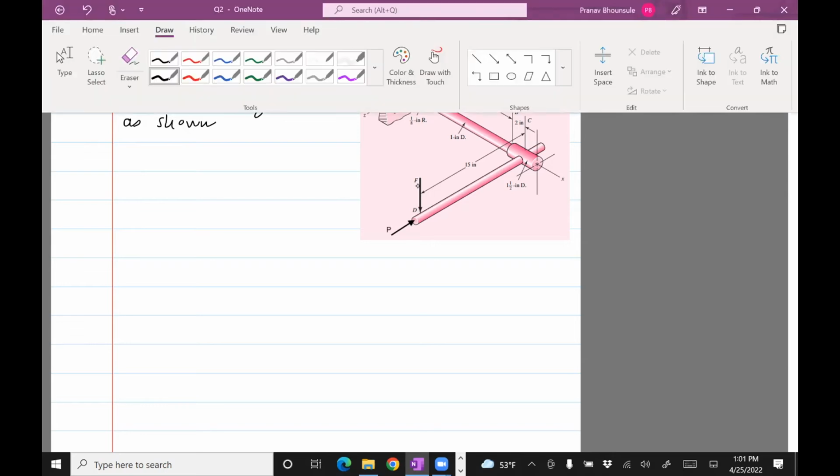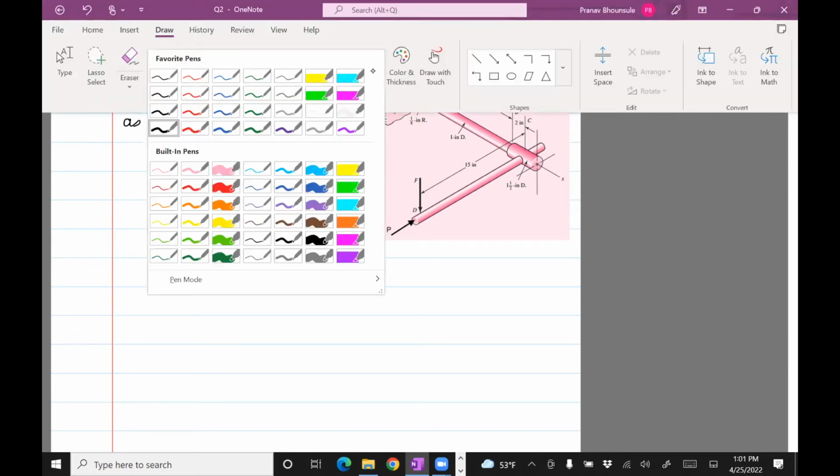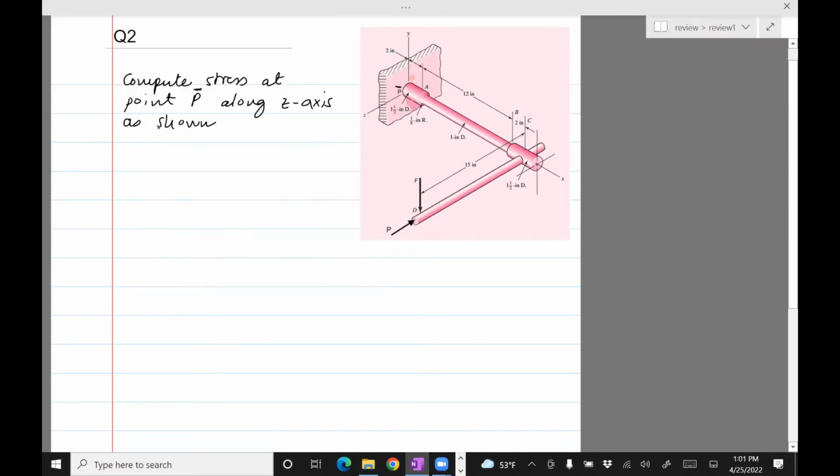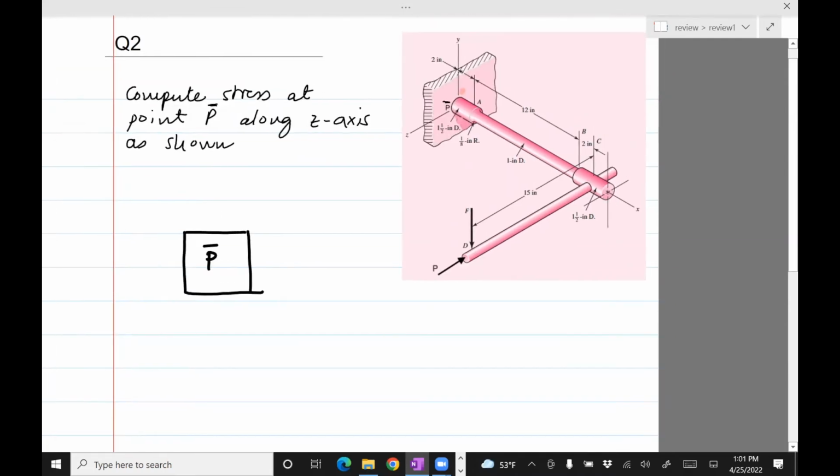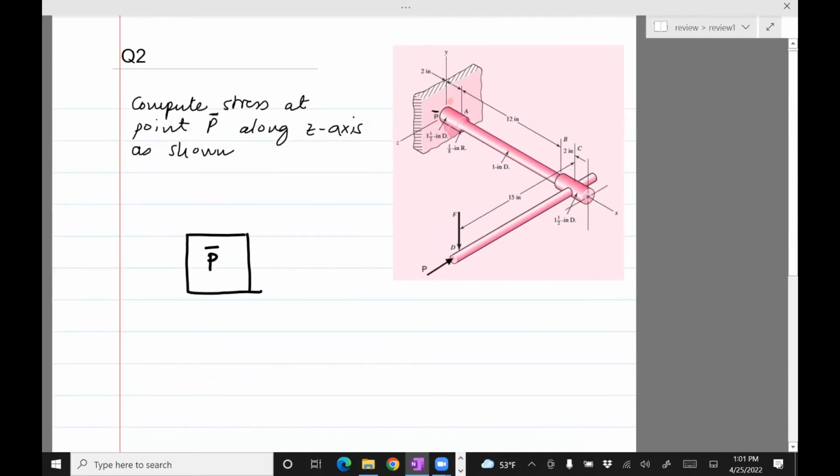But before we do that, we'll follow the recipe we used last time, which is first the element P prime. That's our P prime. Identify along which plane it lies. It's in the XY plane. If you draw a dot there, that's in the XY plane. And so we'll have sigma x, sigma y, and tau xy.